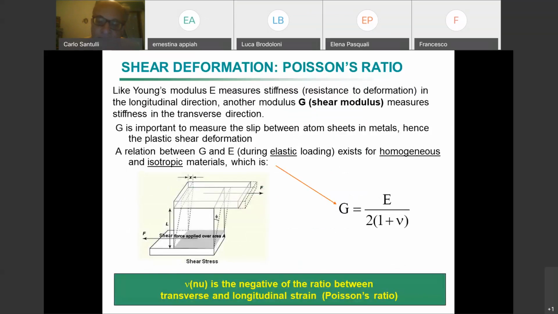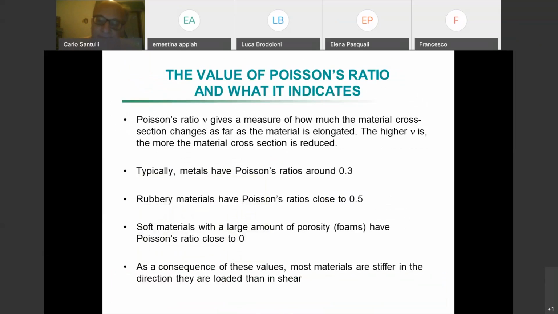The consequence of nu being between 0 and 0.5 means that if you have an elongation, the material becomes in practice thinner, and it withstands much less the load in the shear direction.